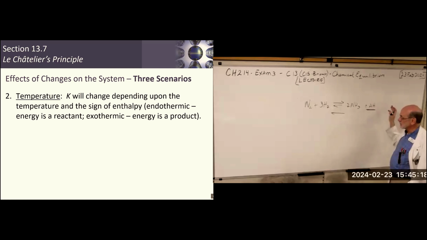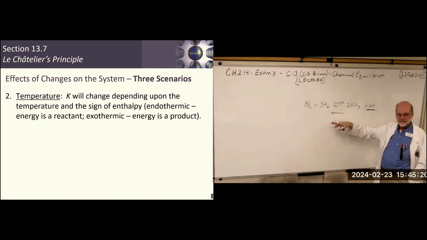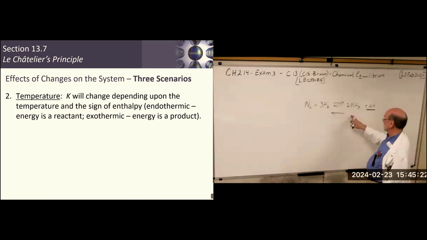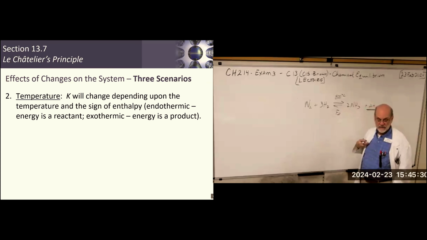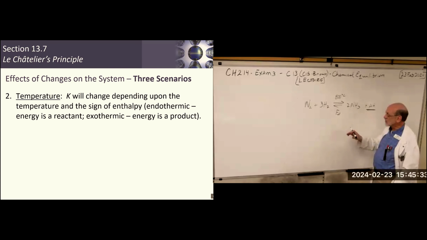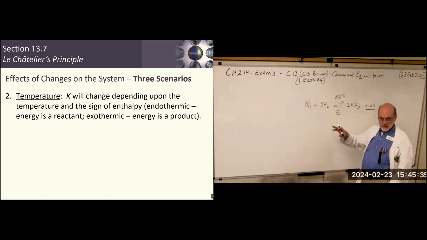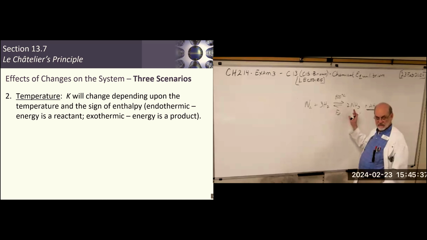But it would also shift the equilibrium back the wrong direction. So the way he got around it was, he's at, I think it was 800 degrees C. What he did was he added a catalyst, finely divided iron, and that made the reaction proceed faster to the right.